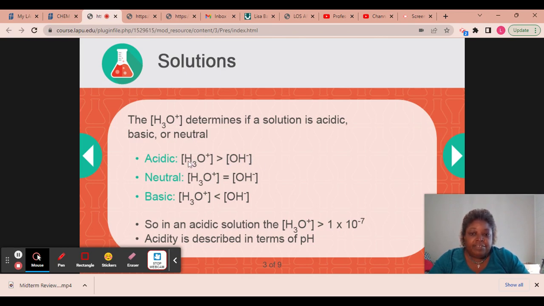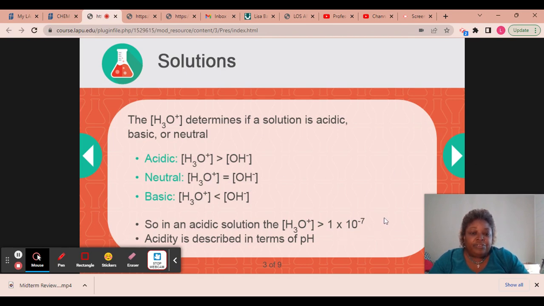And so if H3O plus is greater, it's going to be acidic. If they're equal, it's going to be, I'm sorry, if they're equal, it's neutral. And if OH minus is greater, it's going to be basic. Okay. So H3O plus determines acidity if it's greater, OH minus determines basicity if it's greater, and if they're equal, then it's going to be neutral.